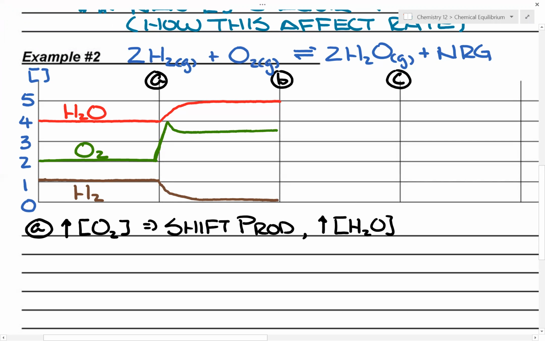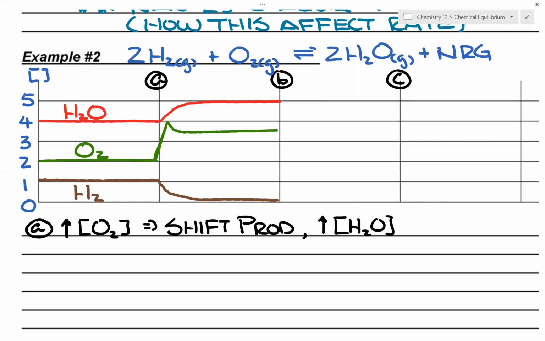Now, notice hydrogen also went down. The reason being is because hydrogen is a reactant. So as the products are going up, since I'm producing more water, both the oxygen and the hydrogen, since they are both reactants, will respond in the same way.